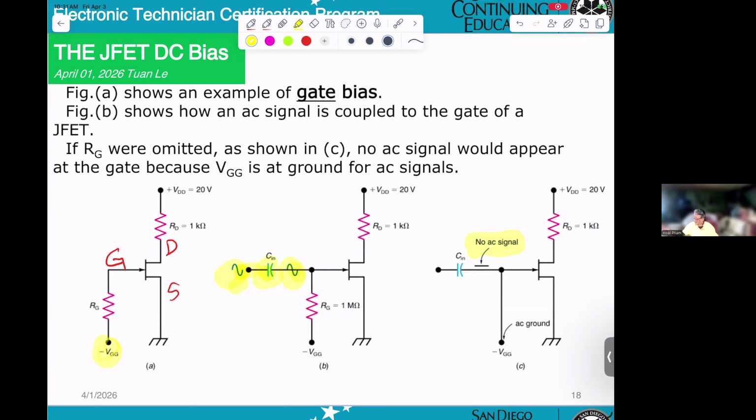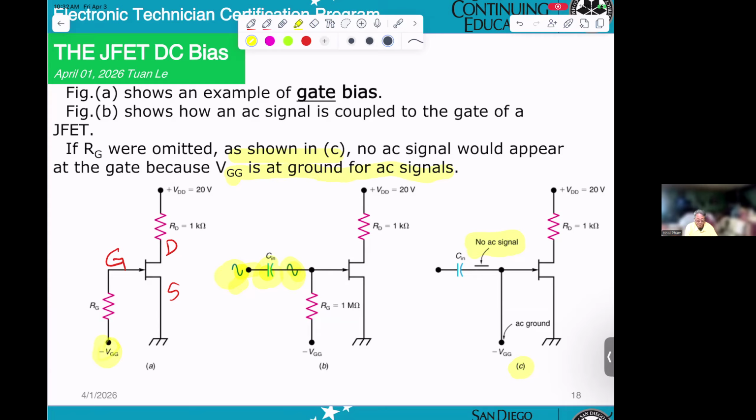Basically, if RG were off, no AC signal would appear at the gate because VGG is ground for AC signal.